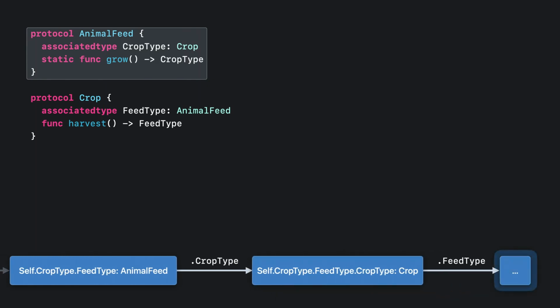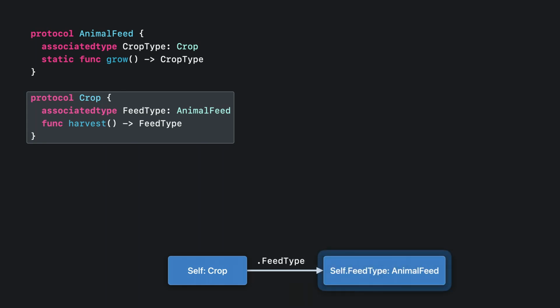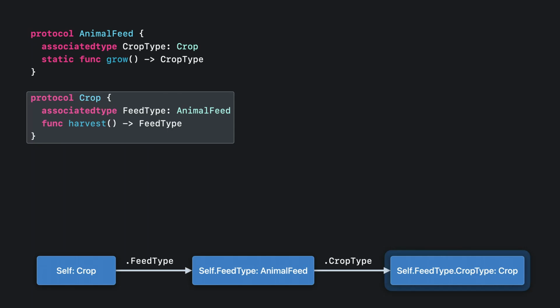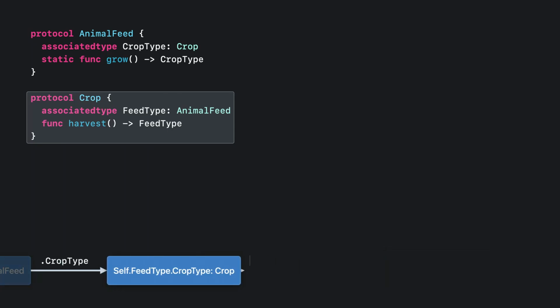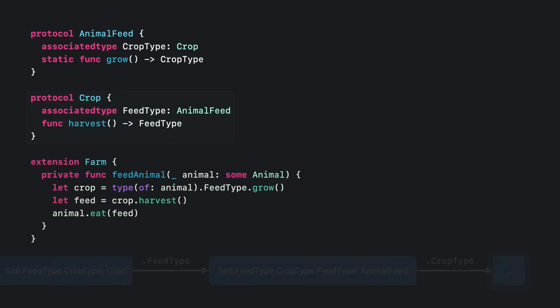In fact, this back and forth continues forever with an infinite nesting of associated types that alternate between conforming to AnimalFeed and Crop. With the Crop protocol, we have a similar situation, just shifted by one. We start with the Self type conforming to Crop, which has an associated Feed type conforming to AnimalFeed. This has a nested associated Crop type conforming to Crop, and so on to infinity.